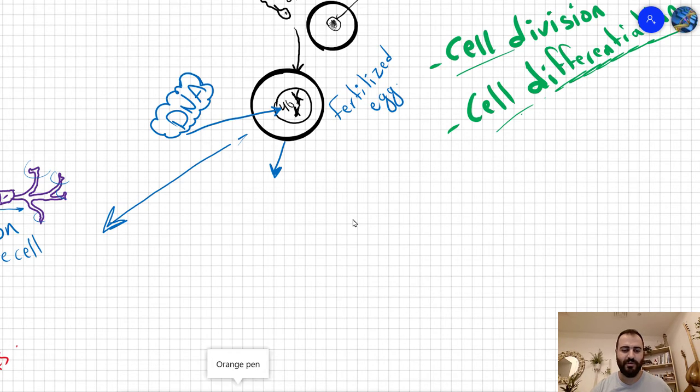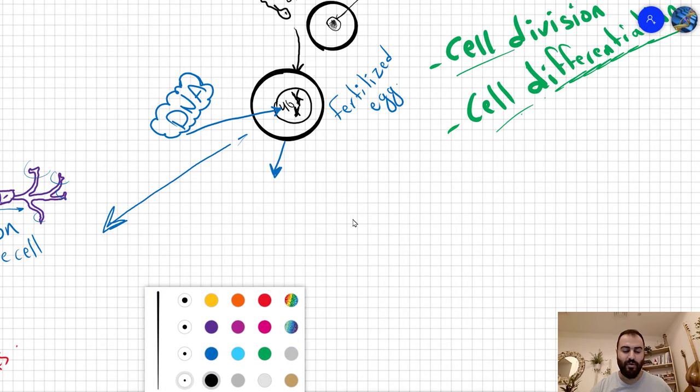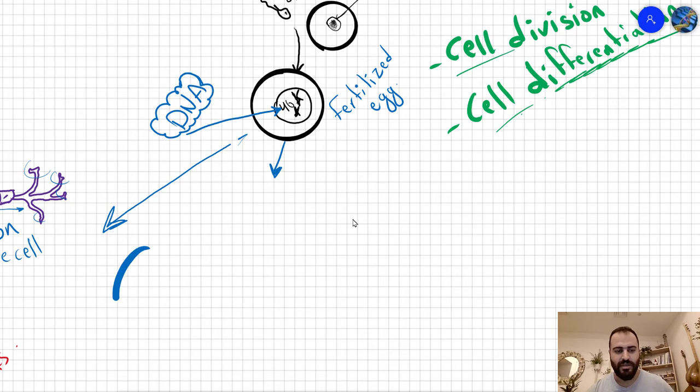It's the same story when it comes to cells. All our body cells have the same DNA, but not all our body cells use, or let's use the biological term, express the same amount of DNA or the same genes. And this topic, a very important topic in biology, is called gene expression.